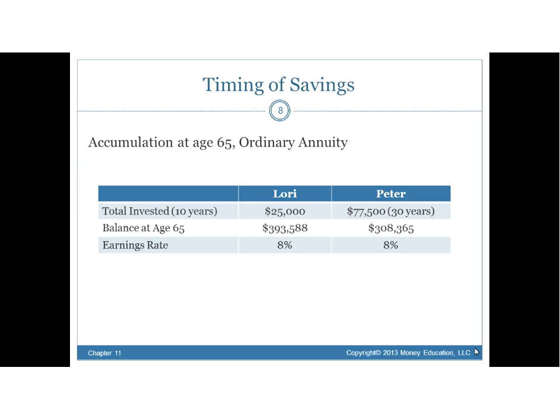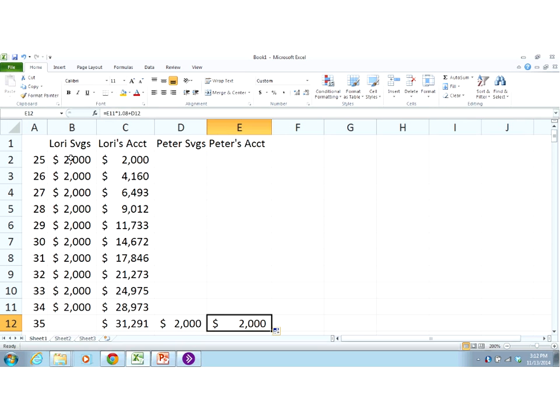So $2,500 for 10 years is $25,000, and $2,500 for 31 years is $77,500. At age 65, Lori would have $393,588. Peter would have $308,365.